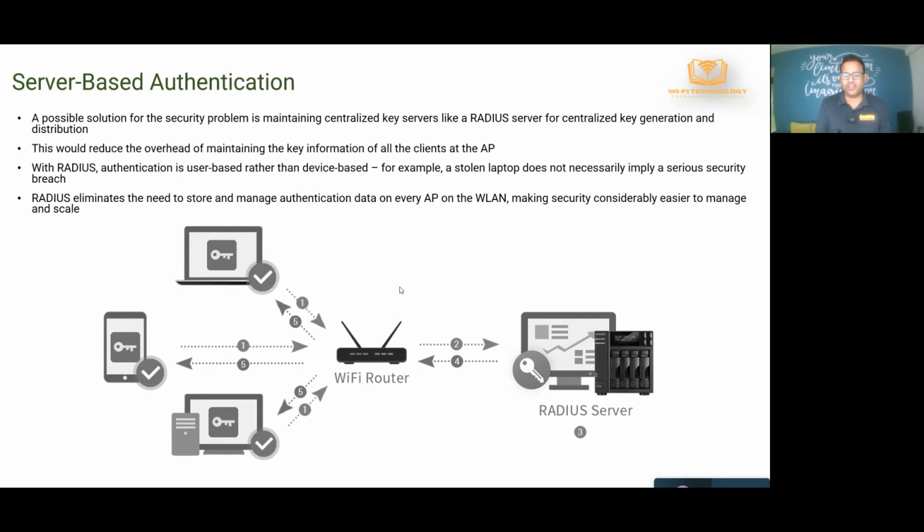So if I have to log into an enterprise network using enterprise security, I would put in my login information, my username, password, credentials, instead of putting in a security key. Because the security key, if someone knows about it, they can put it on any device, and the network is compromised. If someone steals my device, most likely the security password is already entered.